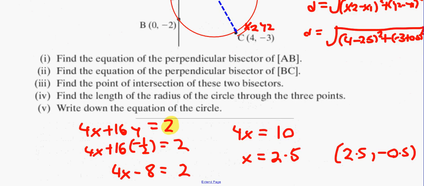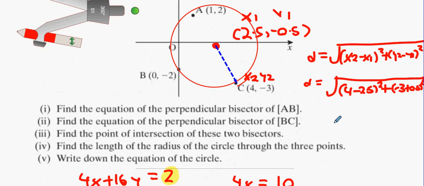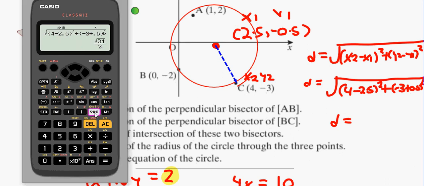Yeah, I think we're good at that. It'll fix itself in a minute, don't worry about that. What's it saying in the back, lads? Root 17 over 2. Not root 34. Okay, give me a sec. Root 17 over 2. Alright.